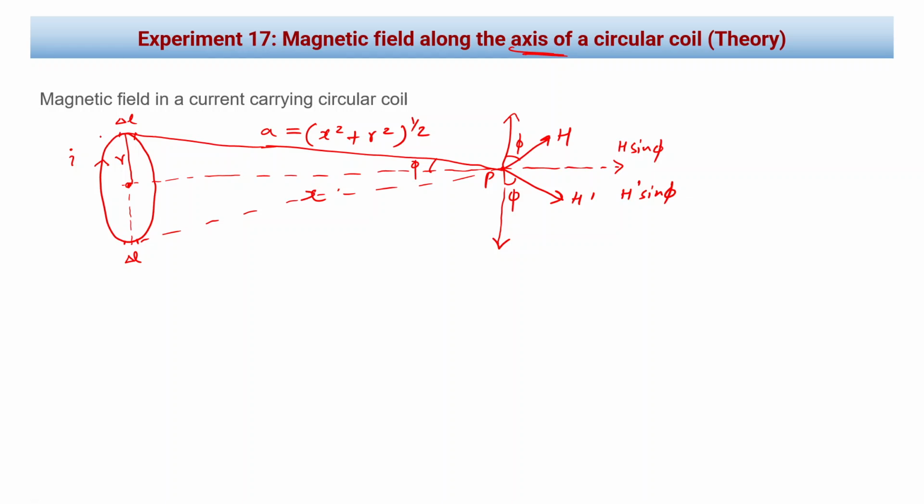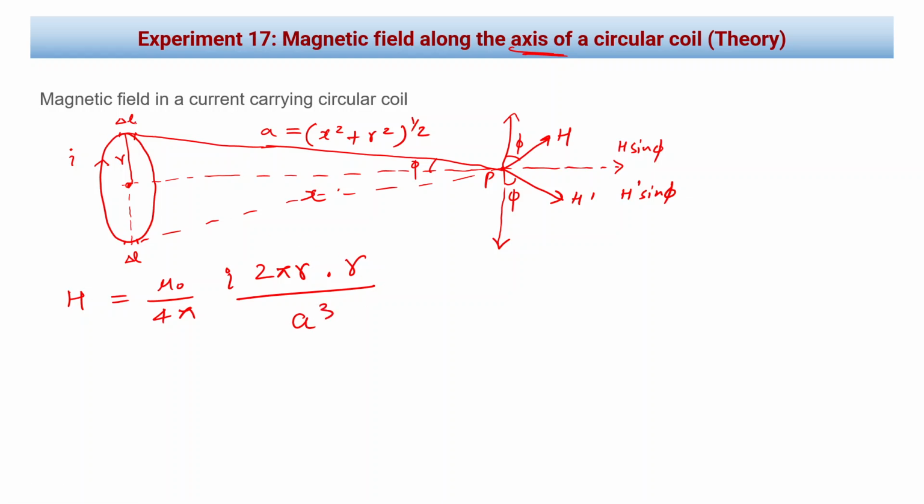So ultimately, this circular current carrying coil, due to this, the magnetic field will be along the axis of the coil in this direction, and the expression here is given by this. The h or b we can denote will be given by mu naught over 4 pi, this is the current, this is the perimeter of the coil, times r divided by a cubed.